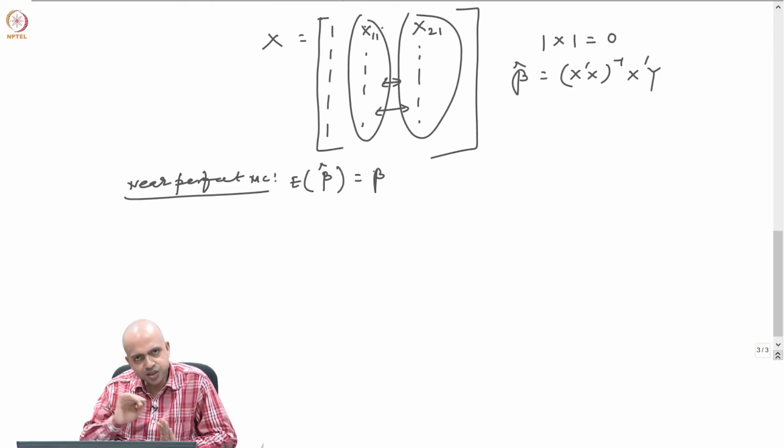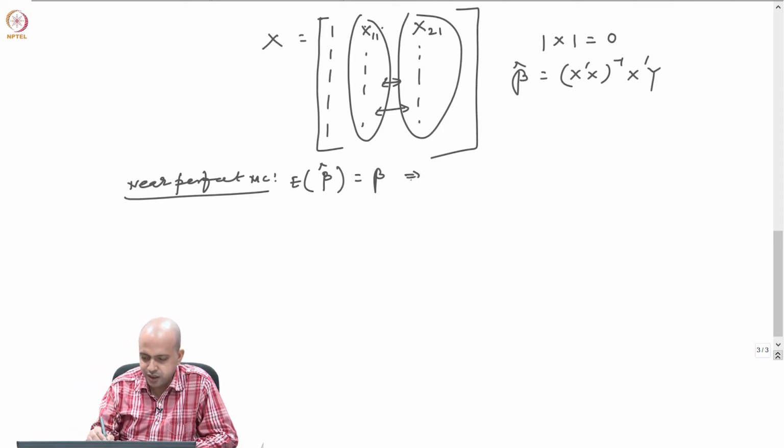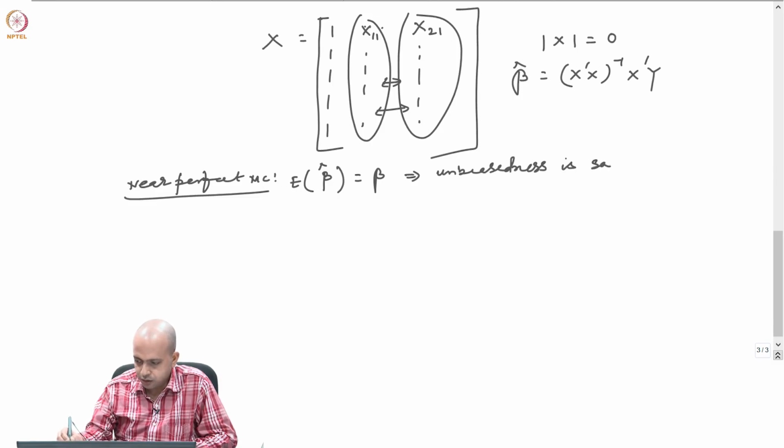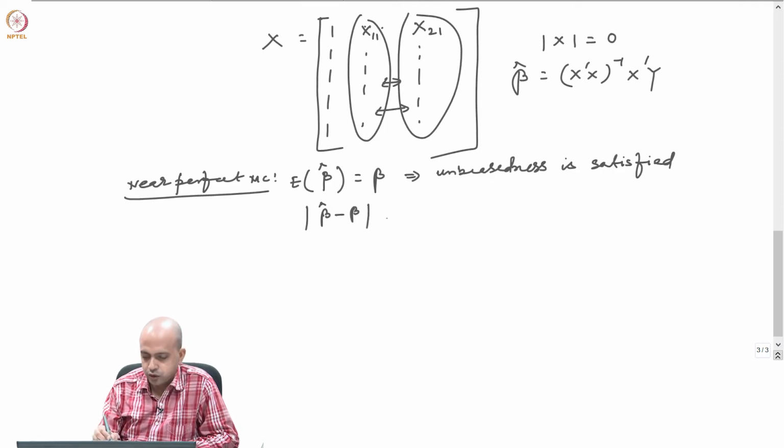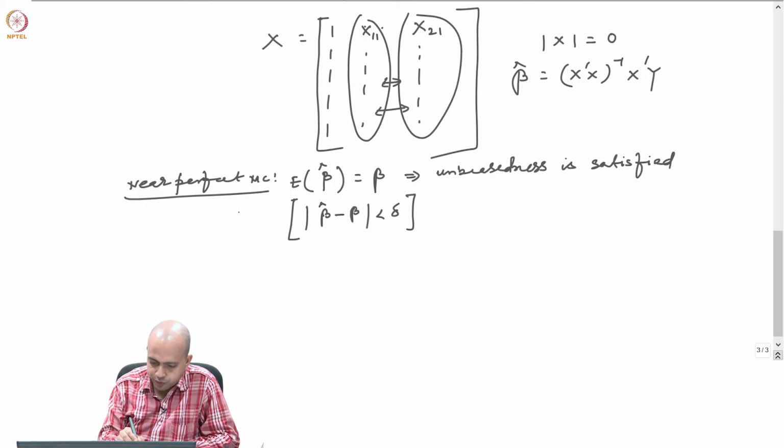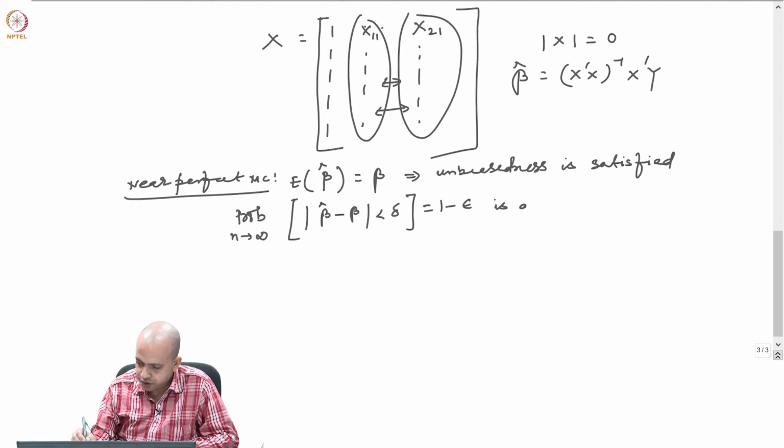That means the unbiasedness property is still satisfied. And the probability of beta hat being close to beta, when n tends to infinity, equals 1 minus lambda, is also satisfied.